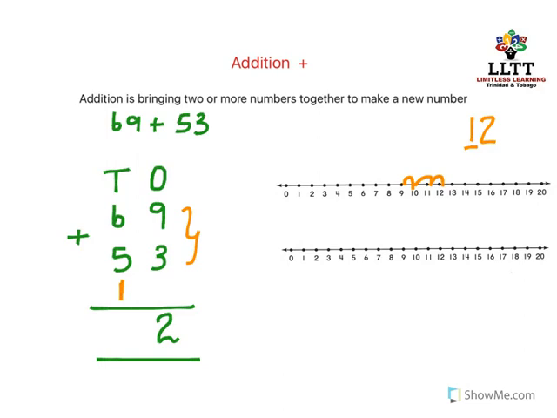Next, I'm going to add my tens. So my tens will be 6, 5, and 1. So I'm starting at 6. So I put a red dot at 6. Then I move 5 to the right. 1, 2, 3, 4, 5. And then I have to go an extra 1.